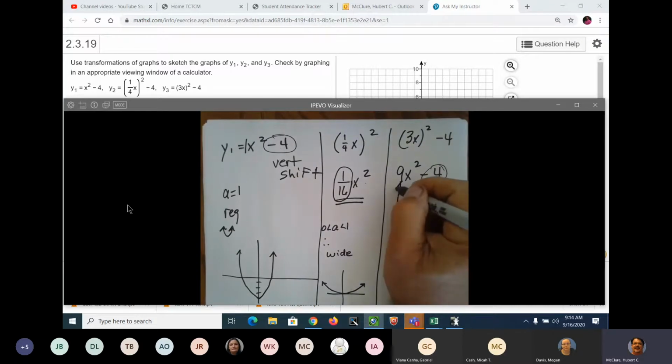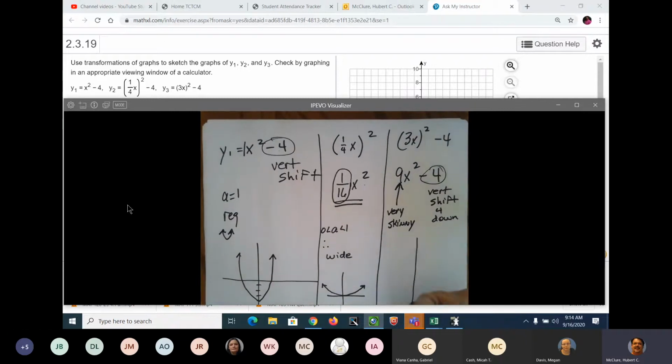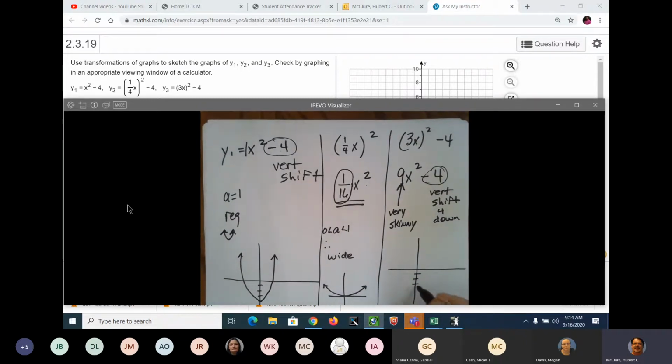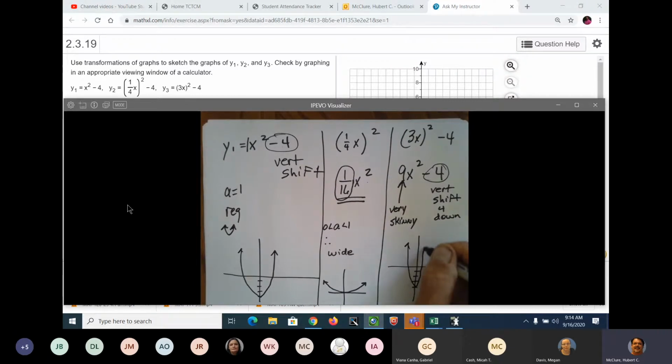And this says it's going to be very skinny. Okay? So if I was to draw this one, I would do 1, 2, 3, 4, and I would draw something very skinny.